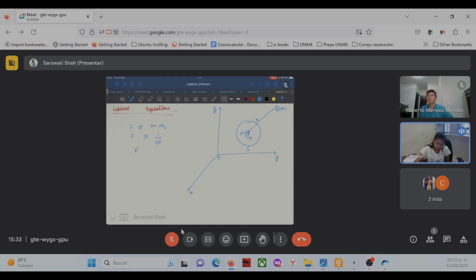So if we combine these two things, F is proportional to m m1 over r square.